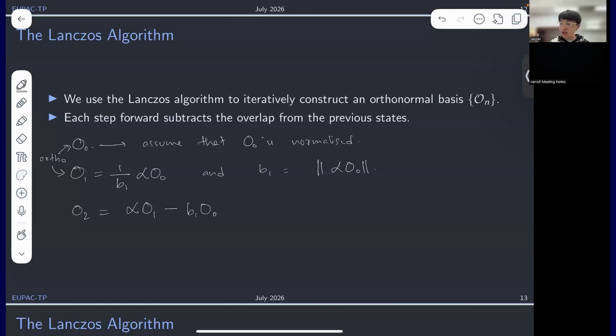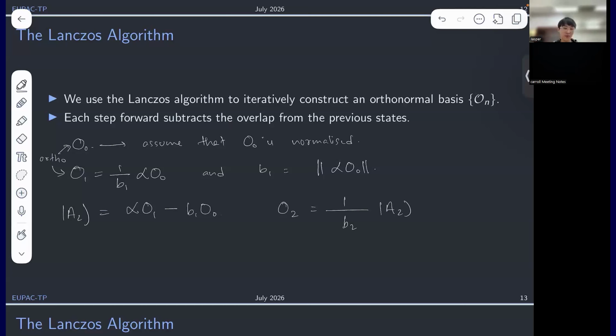This is how we define the next one. But before defining O2 exactly, I will call this A2, a new vector. And then O2 will be defined as 1 by B2 times A2.